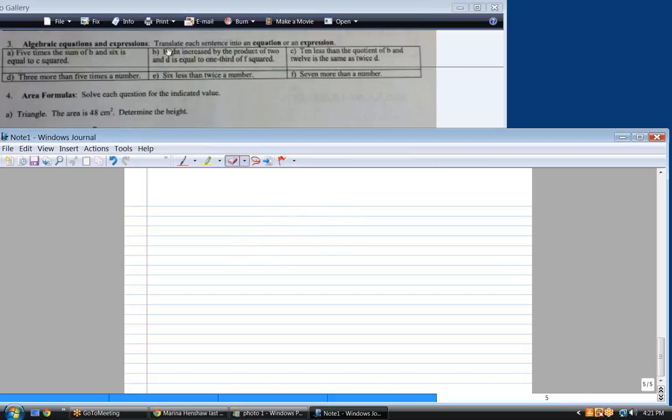In other words, the last problem, you'll notice I started out by writing 8 plus. I can do that as long as it's increased. When it's less than, I can't do that. The less than goes behind whatever it's being subtracted from. So it's 10 less than, how do I write the quotient of b and 12?